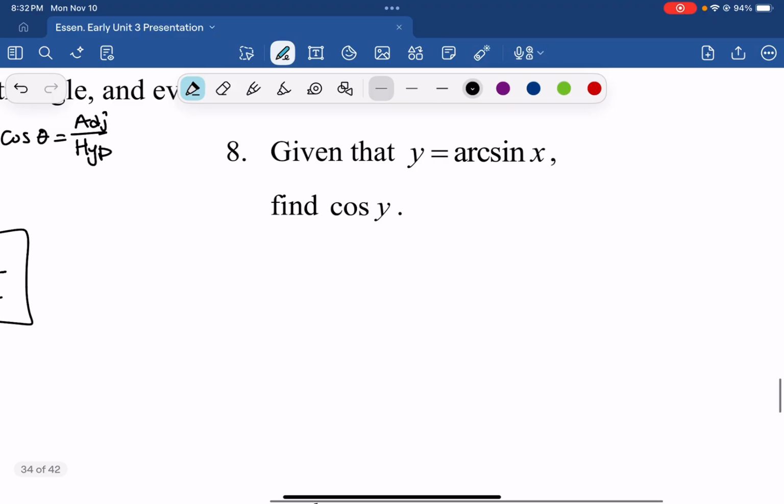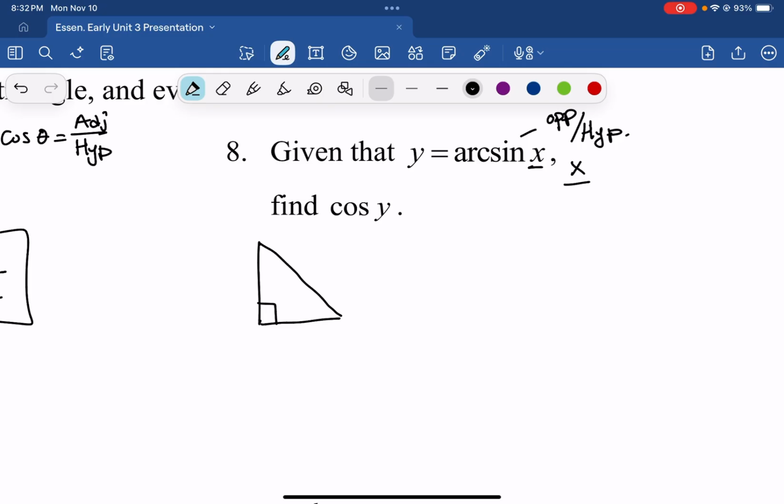Let's look at another. This one says, given that y equals arc sine of x, find cosine of y. I'll draw my triangle in here. Sine is opposite over the hypotenuse, so we have x, which is like x over 1.